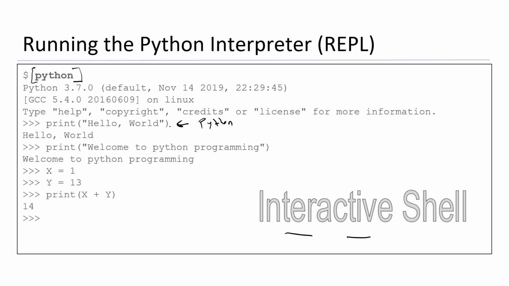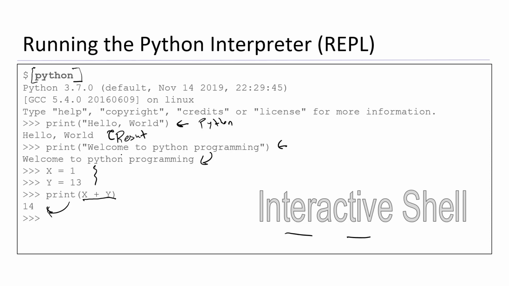Now, as soon as you type the statement and hit enter, you immediately see the result of the statement that you have written on the top. Here we are writing another statement, and the result of that statement is showing here. We are assigning two variables here, x equal 1, y equal 13, and then we are printing x plus y. 1 plus 13 gives us the result 14.